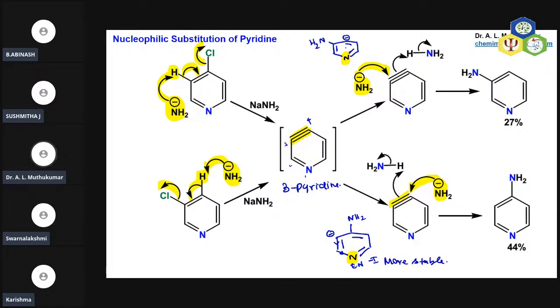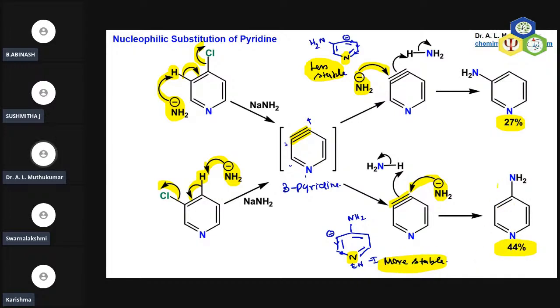Whereas in the case of the other one, if you check, the corresponding anion is formed. In this case, the nitrogen is away from the negative charge, so it will be only slightly stabilized by the minus I effect. So you can call this less stable. This less stable anion will provide you the minor product. This more stable anion will provide you the major product. You can cross check.